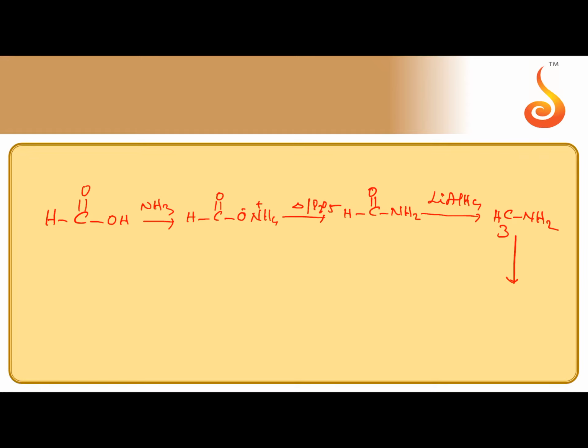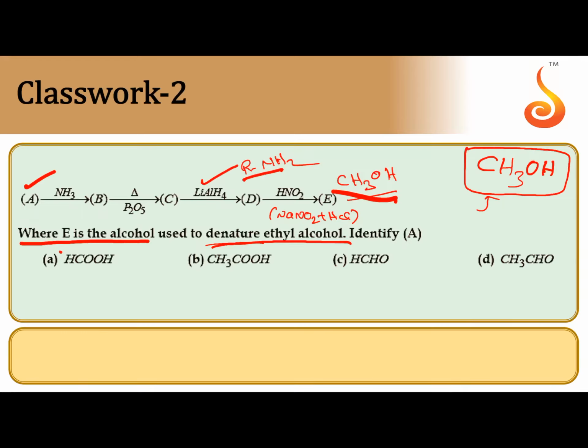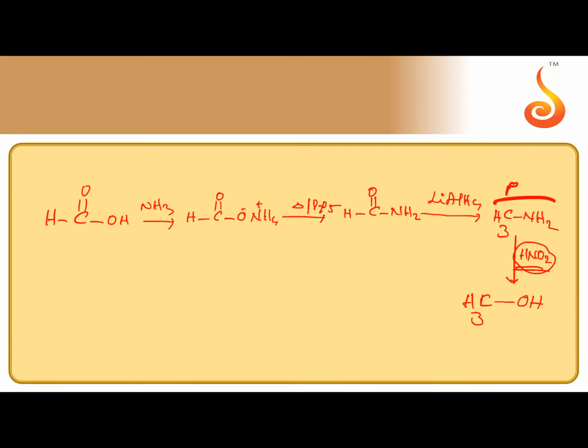Aliphatic primary amines react with NaNO2 and HCl, which provide HNO2. So by the reaction with HNO2, first the diazonium salt is obtained, which undergoes decomposition to give alcohol. So remember, a primary amine on reaction with nitrous acid gives alcohol, here methyl alcohol. So we got methyl alcohol E from formic acid.